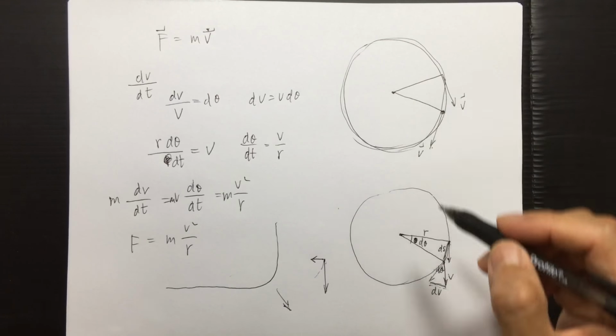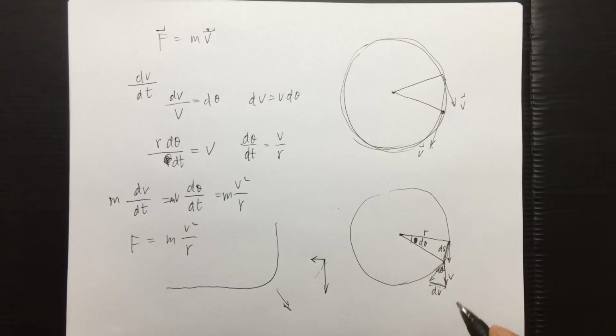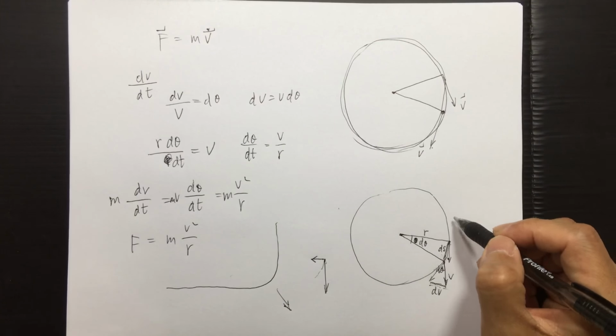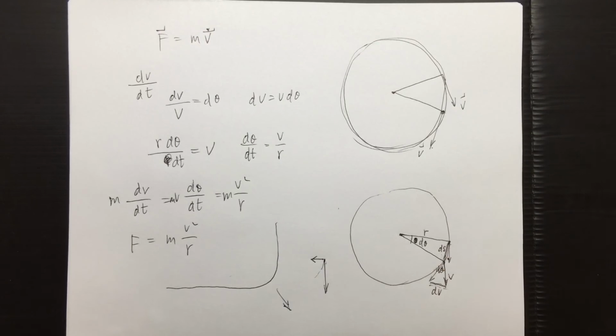Okay, now this is R. Let's look at this one. If you move with a certain velocity around this, how long does it take for you to do a whole circle? How much did you travel? 2 pi r.